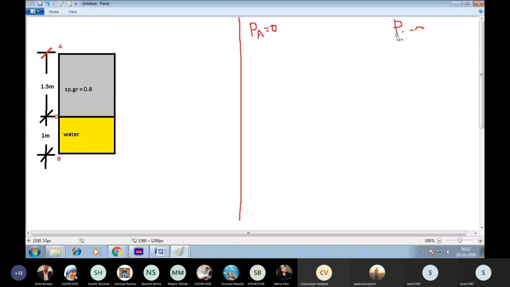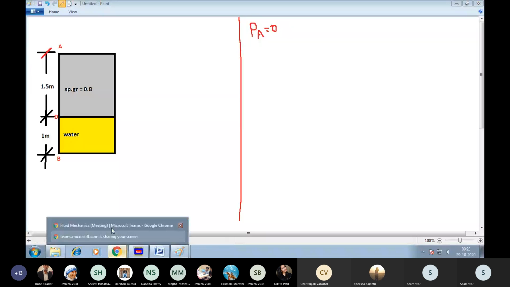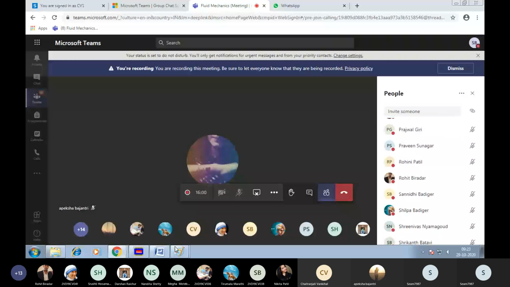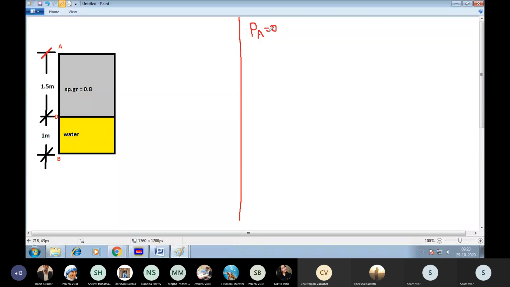Can anybody tell me why the pressure at A is equal to 0?